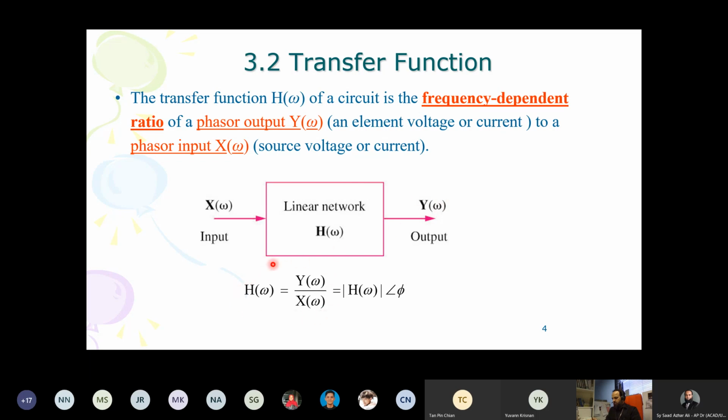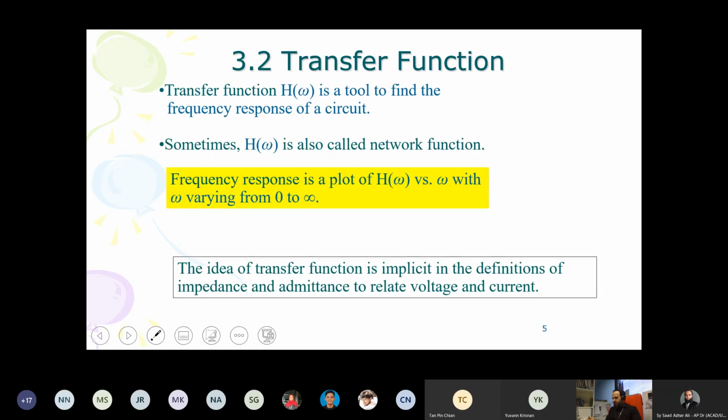Mathematically we can express it like this: the transfer function is Y upon X in the frequency domain. This ω shows frequency, and since it's a complex number we can express it in gain and phase, amplitude and phase. This is just a recall.